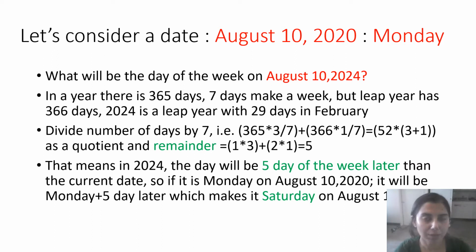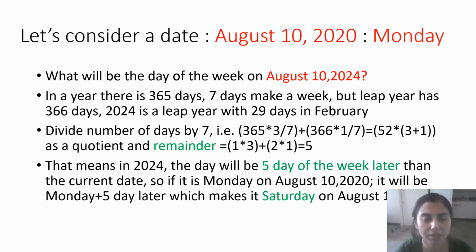If you do this calculation, then for the quotient, you will have 52 as the quotient for the first 3 years and also 52 as the quotient for your last year that had 366 days. Okay, so that means you have 52 multiplied by 4 as your quotient.